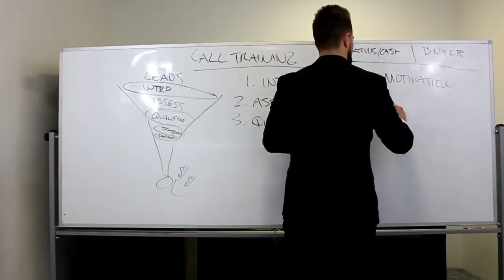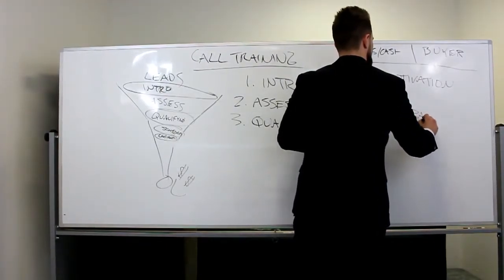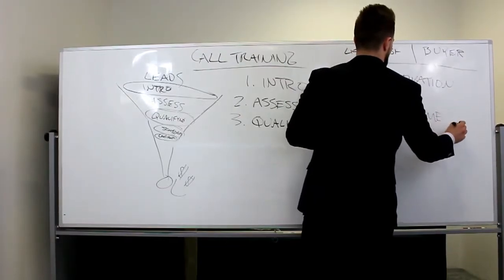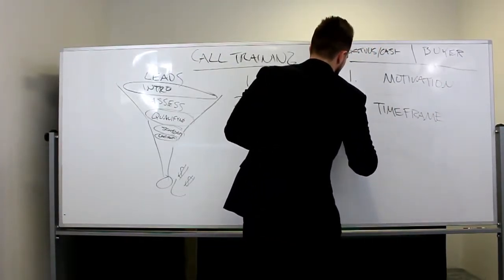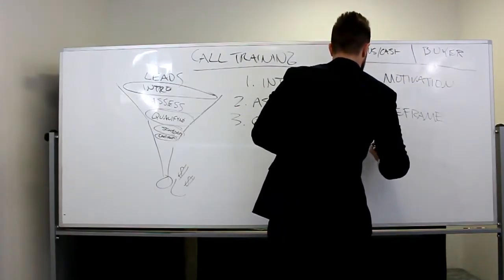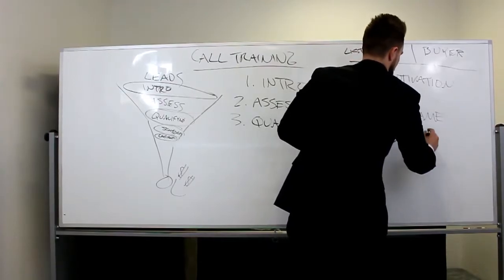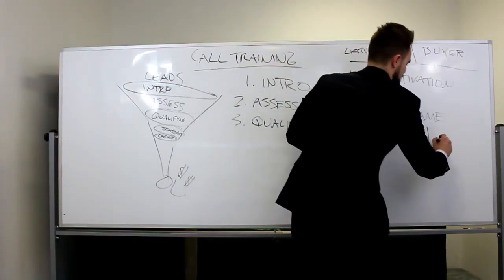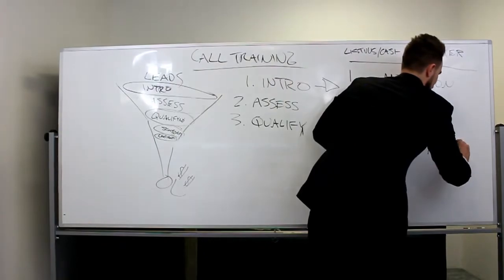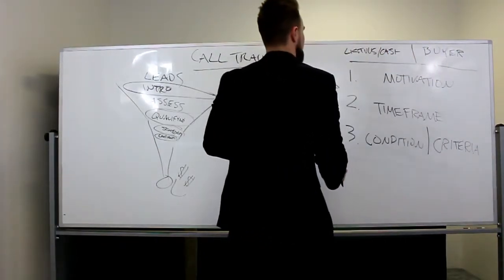Second, time frame. And we start a lot of our intro with an alternative option about time frame. So this a lot of times gets answered right out of the gates. Third, on the listings and cash side, this is going to be the condition. Okay? On the buyer side, this is criteria. Okay.